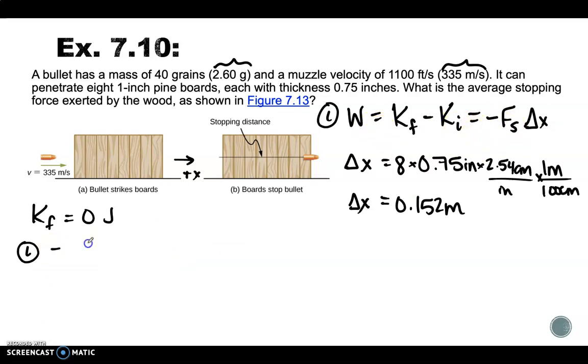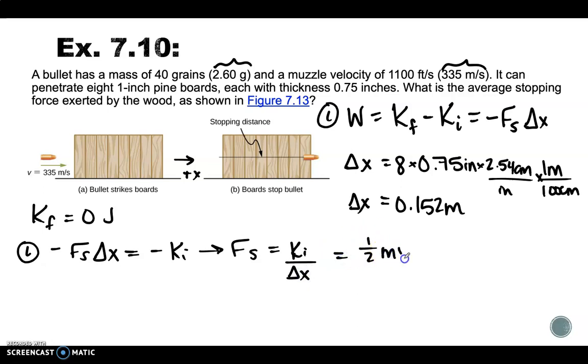We have negative F sub S delta X equals 0 minus K sub I. And we'll rearrange that to equal the stopping force since that's what we're looking for. That'll be equal to K sub I over delta X, or 1/2 m v sub I squared over delta X.